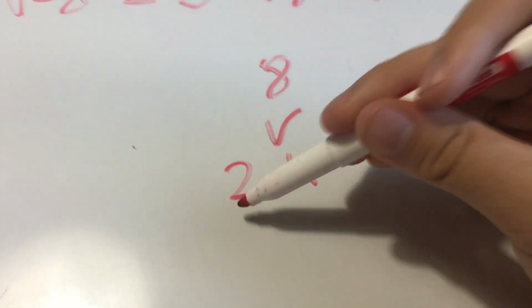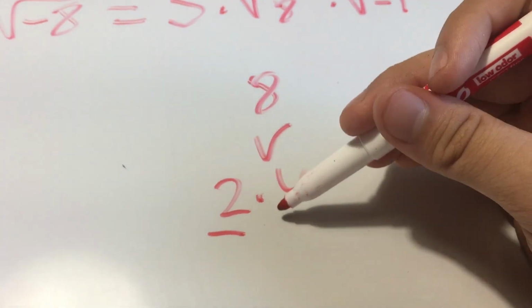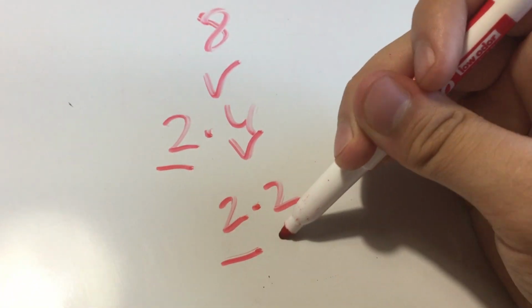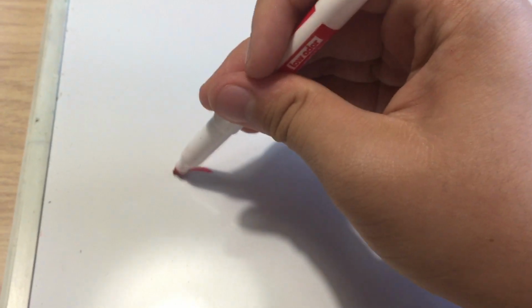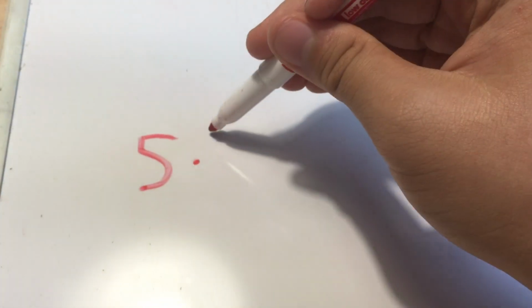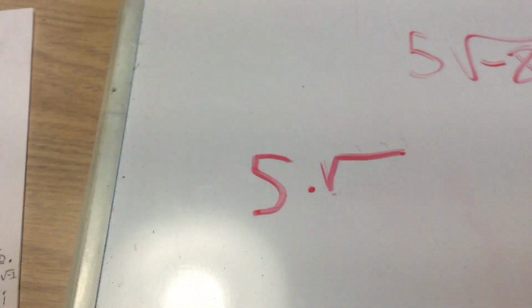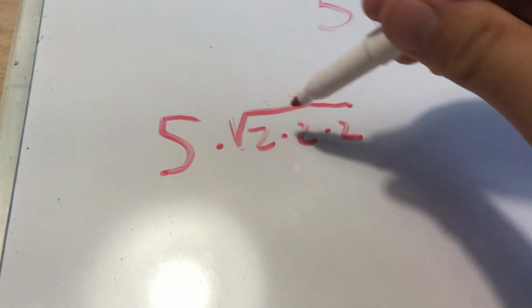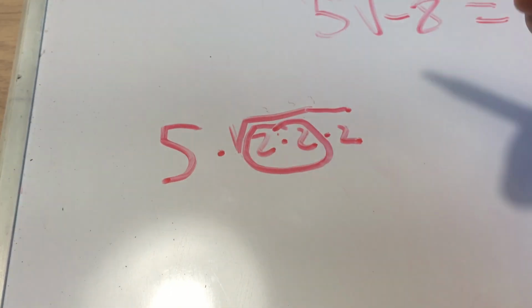Let's do 2 times 4. We'll highlight 2 because 2 can't be simplified anymore. So 4 could, 2 by 2. Highlight those two. Okay, so we can write it as 5 times square root of 2 times 2 times 2. Like I said, circle the 2 ones, because 2 times 2 is 4.